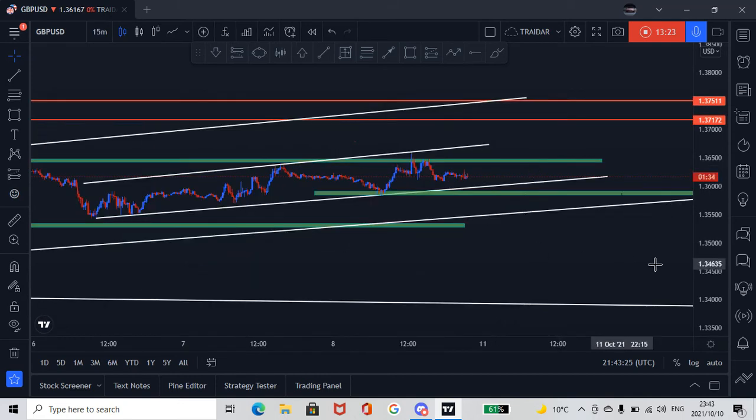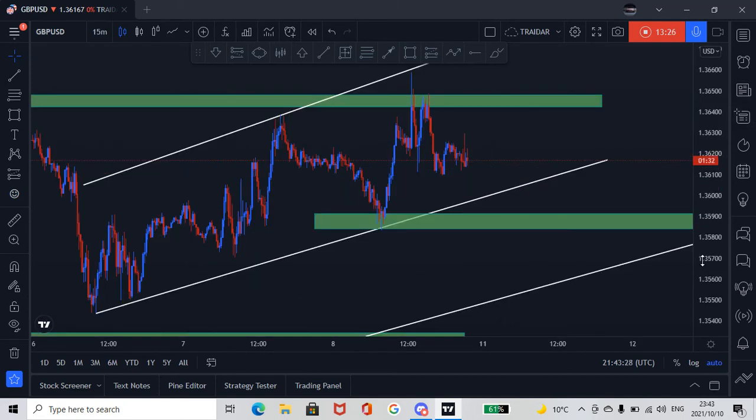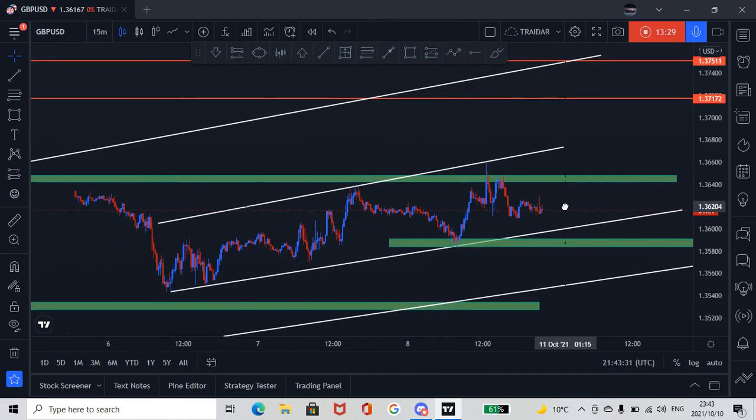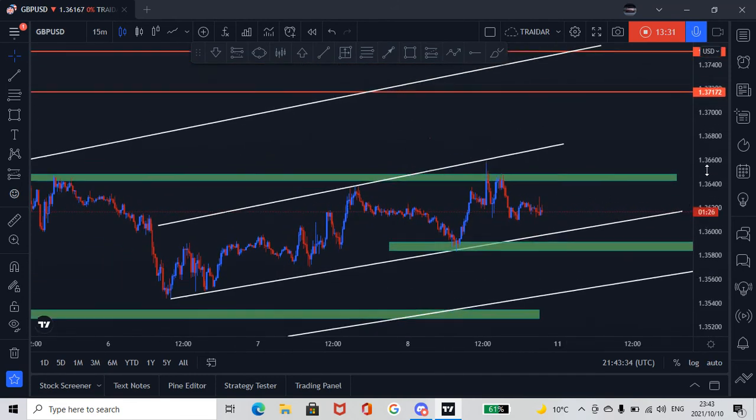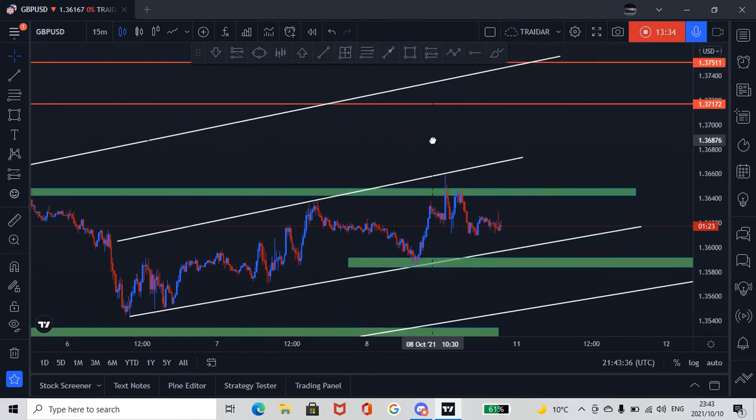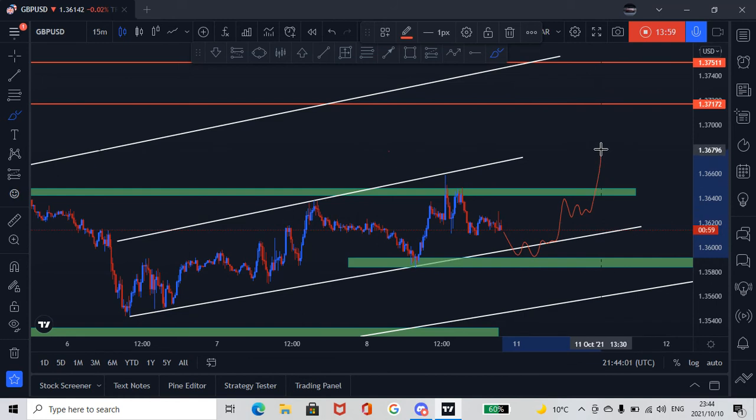When I move down to 15 minutes, we can see a nice channel, which is this one right here. You can see that the market is moving correctly within the channel, which is inside the bigger channel. The market will be giving us something like this, and then it should correct, and then continue.